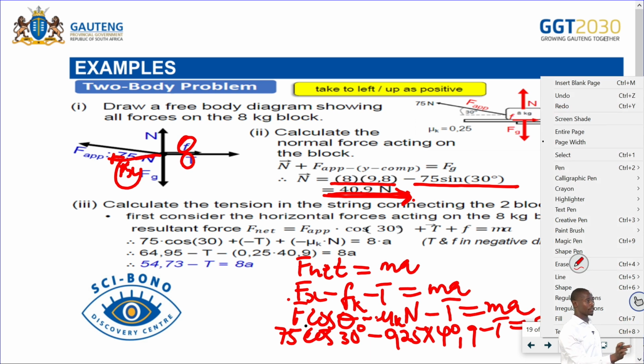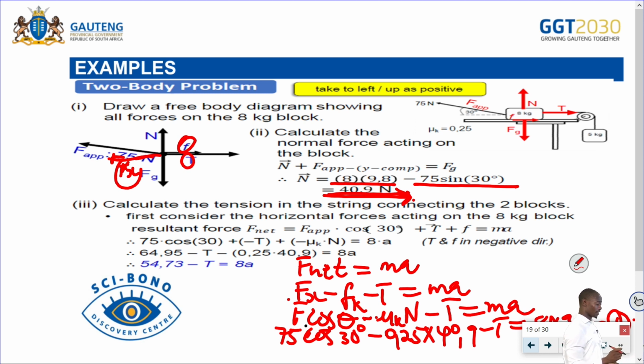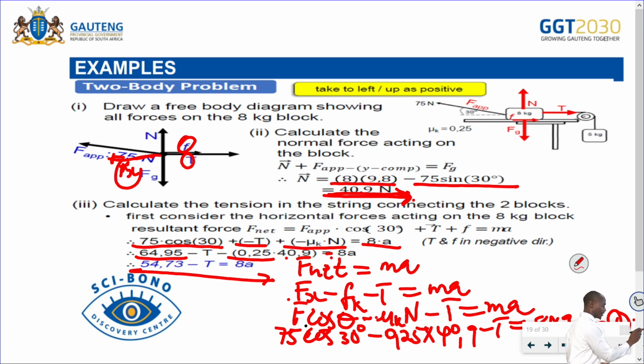Let me add a page. So here I have 75 cos 30 minus T minus mu k n equals 8a, where 75 cos 30 is 64.95, then 0.25 times 40 equals 8a. So my equation 1 will be this one.